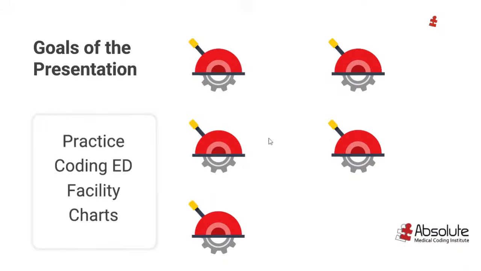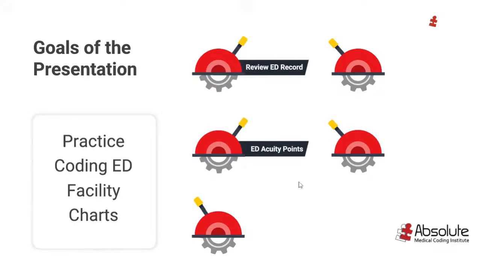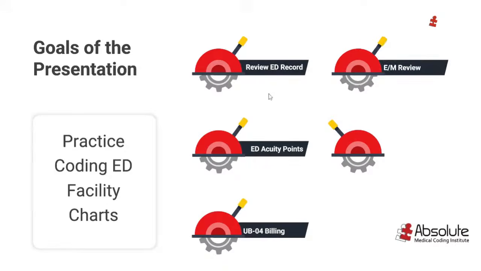Okay, coders, the goals of this presentation are pretty much the goals from last time, but we are going to do some stuff a little differently today. We're going to review an ED record. We're going to code the emergency department using the ED acuity points system.